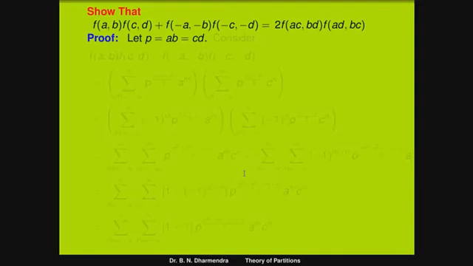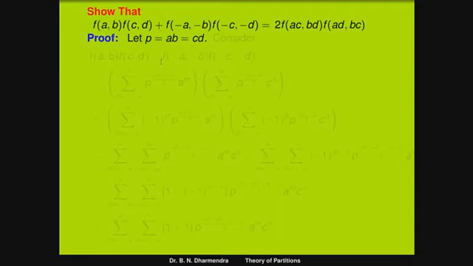Let's consider, by using the definition in terms of Ramanujan's theta function, the second result: f(a,b) can be written as the summation, n running from minus infinity to plus infinity, of a to the power n into p to the power n(n-1)/2, if p is equal to ab.